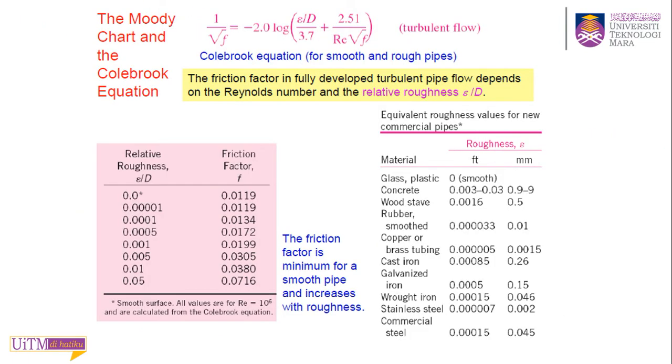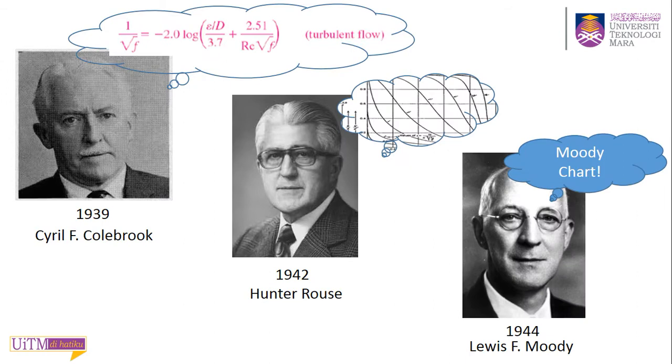The Moody chart actually comes from the Colebrook equation. This Colebrook equation is quite long. It was introduced by Cyril F. Colebrook, the first man to introduce it, in 1939.